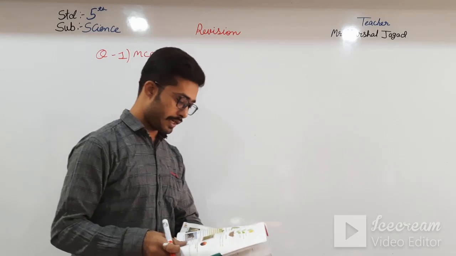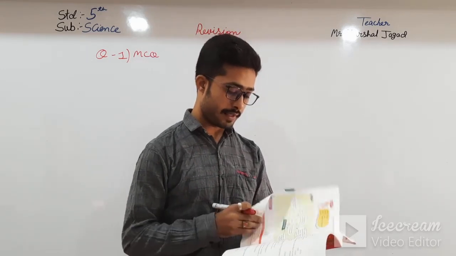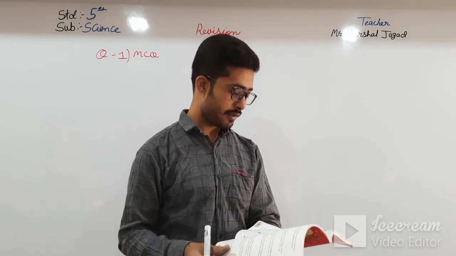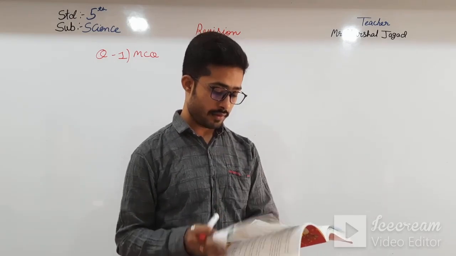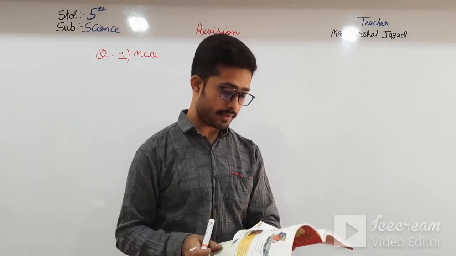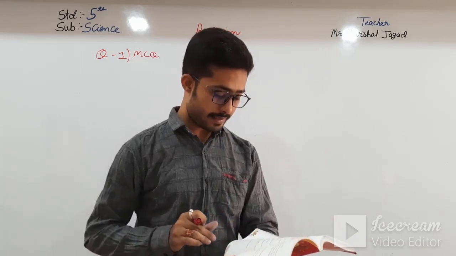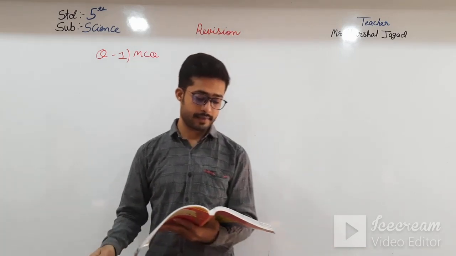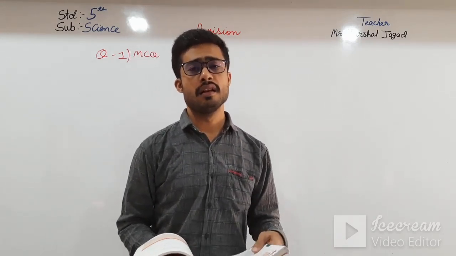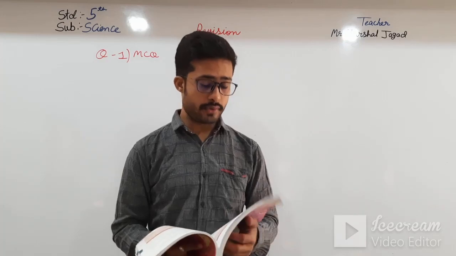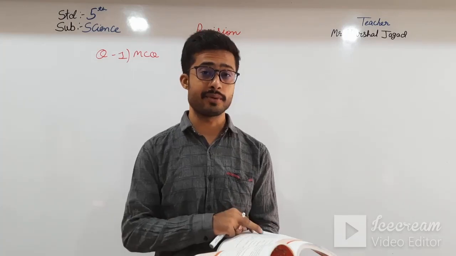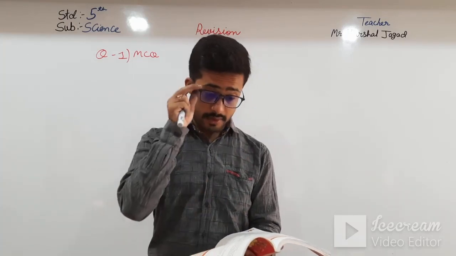We have learned up to chapter number 6, that is diseases. We have seen all the diseases, and up to there we have to learn all the things. All the chapters' exercises have some MCQs, which you have to learn.